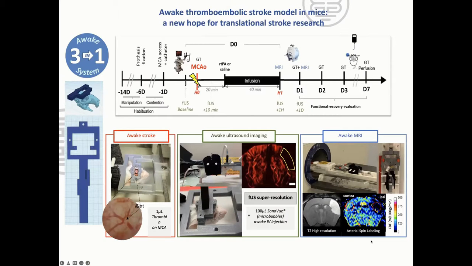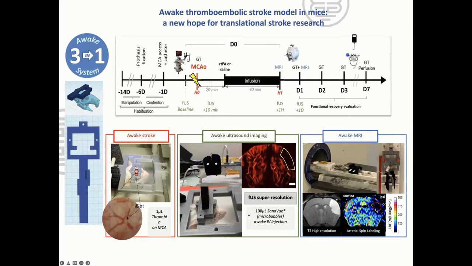So to conclude, I would like to say that all the experiments that I showed you today were performed in anesthetized animals. And you know that anesthesia plays a very important role in the physiopathology of ischemic stroke, and that stroke in humans does not occur in a patient under anesthesia.